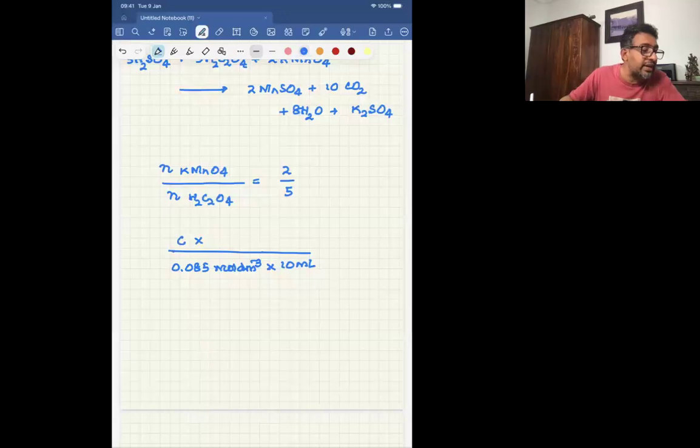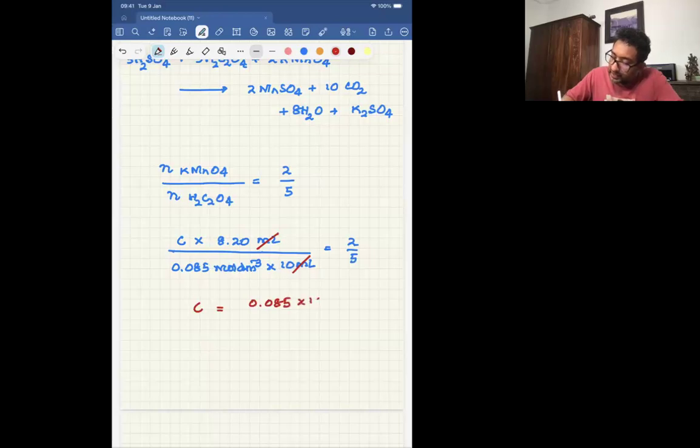The volume that you have taken for the endpoint is 8.20 milliliters, equal to 2 divided by 5. So you can see some of these things cancel out. What is the concentration? 0.085 multiplied by 10 multiplied by 2, divided by 8.2 multiplied by 5. 5, this is 2. So what is that?